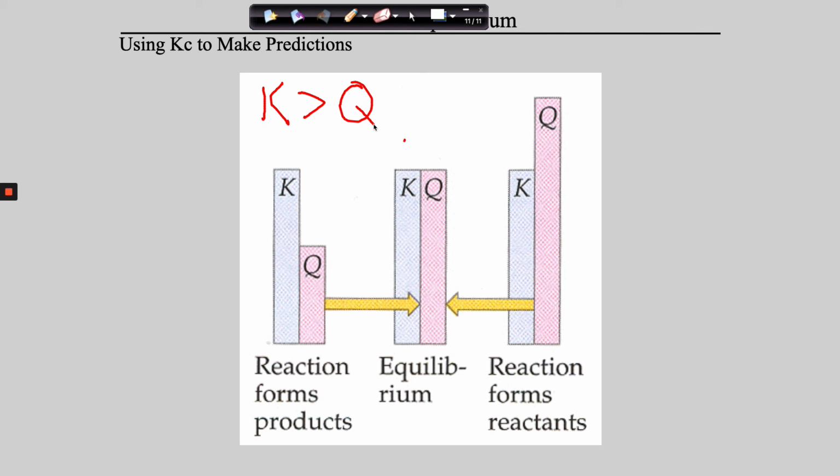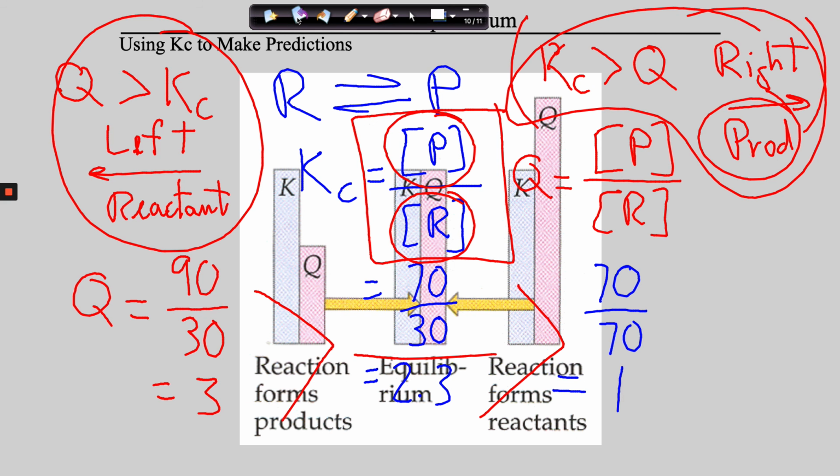I don't even like to think, I just think bottom. So the idea is that Q is too small. And if Q is too small, the bottom's too small. And what's in the bottom? The reactants. So that means what we need to do is, in order to get to equilibrium, we need to form more products. So we got too much reactant. We're gonna form more products to get rid of the reactants. You see the connect? I don't know that I love this, but I like it better the way that we drew it. But guys, at some point, in some way, you need to understand this relationship between Q and Kc. You guys okay? All right.